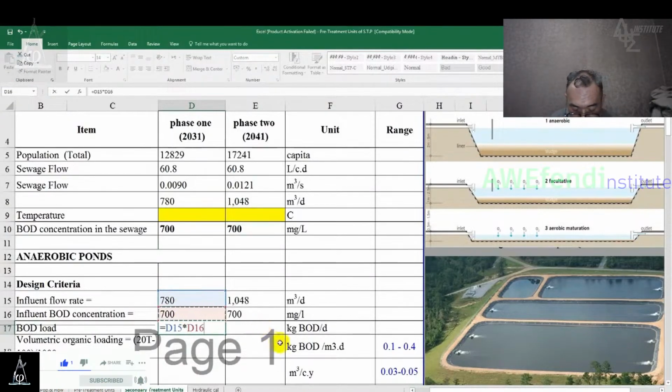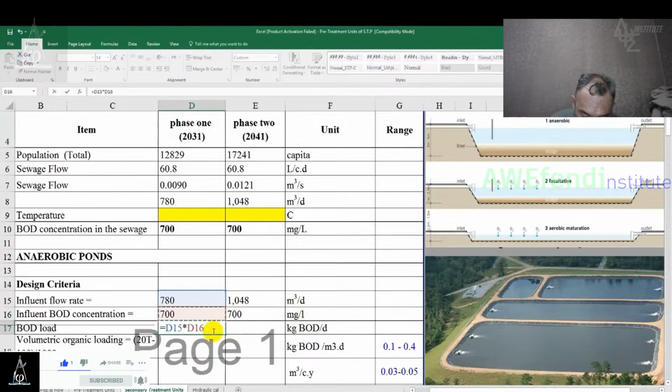We have to convert cubic meter to liter by multiplying by 1,000 and divided by 1 million to convert milligram to kilogram.